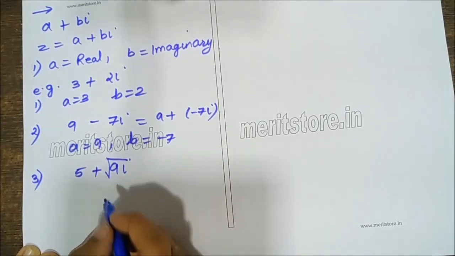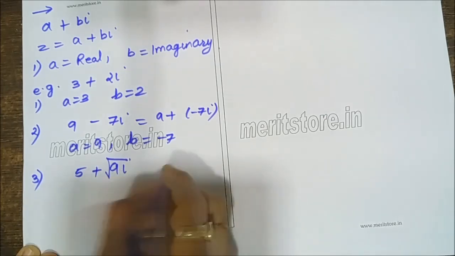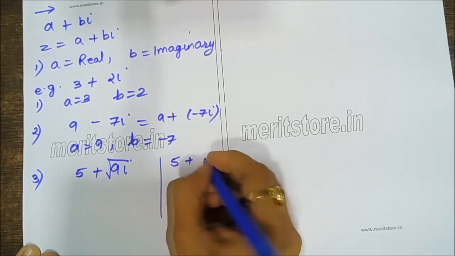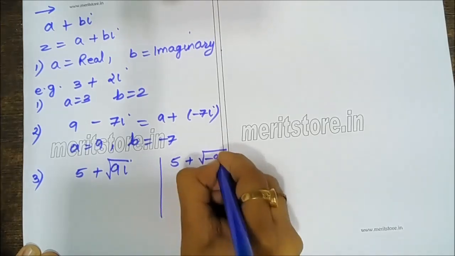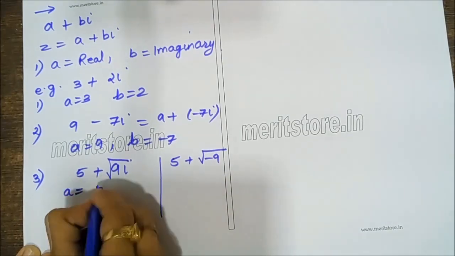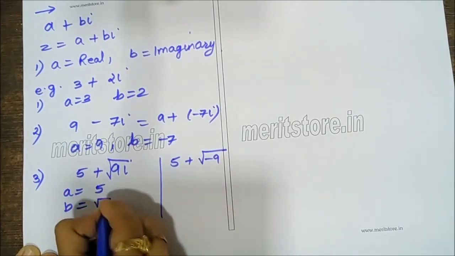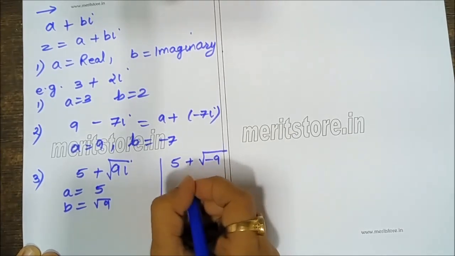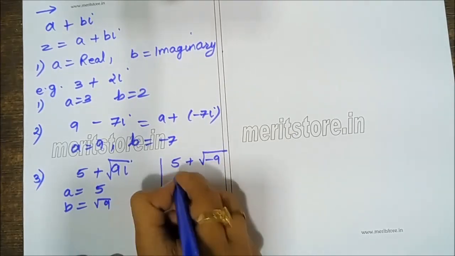Here when you write this, there is a difference I want to show you. 4 plus root of, let's say I am writing minus 9. Here when I write this, A is 5 and B is your root 9, but here I have to derive the A and B part, that is the real and imaginary part.